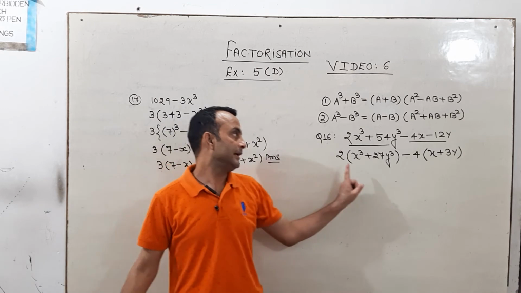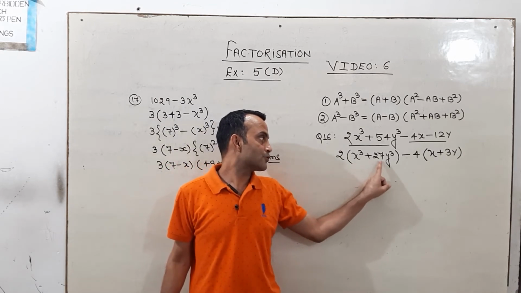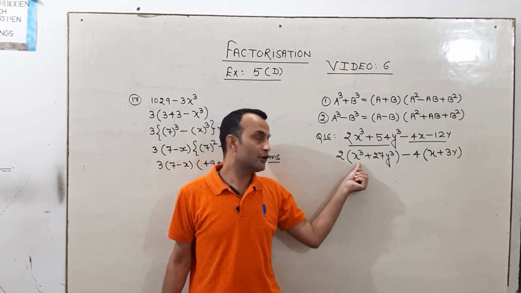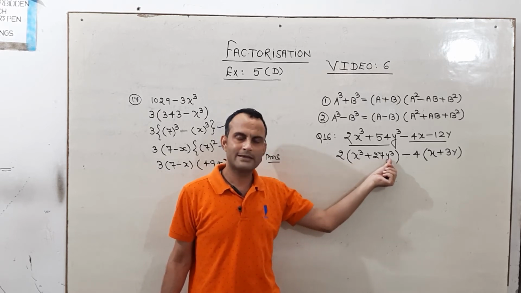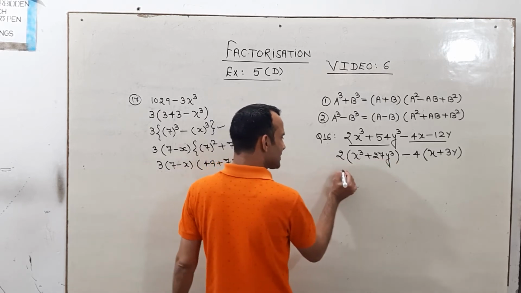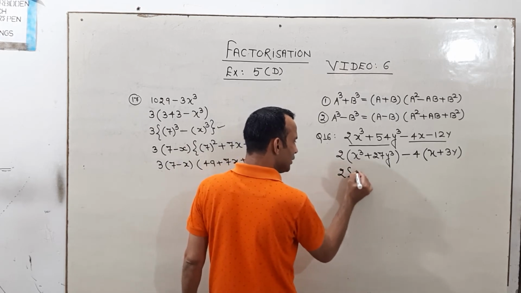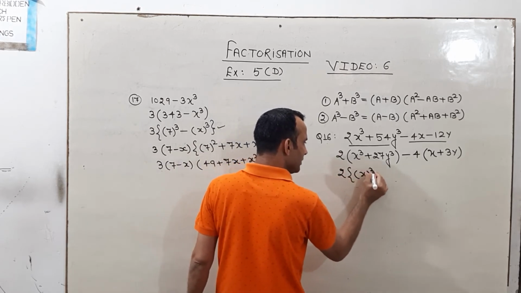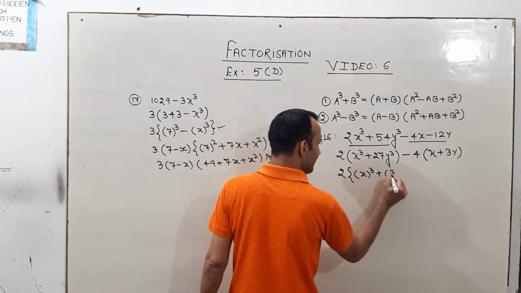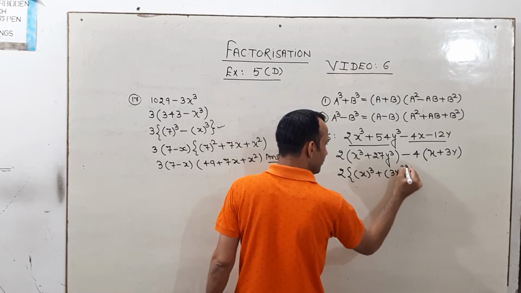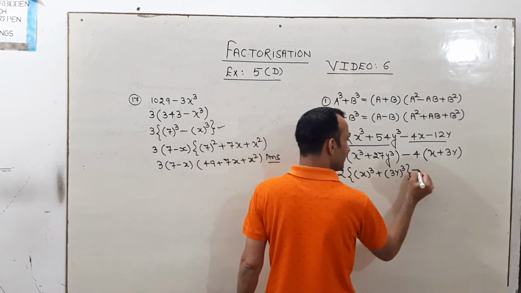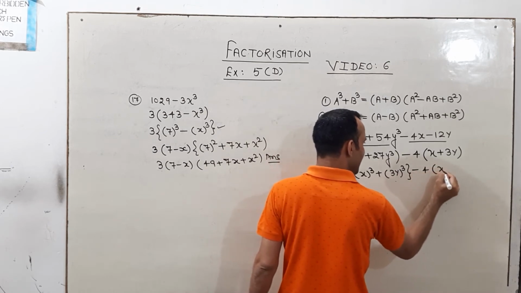Now, see, x cube plus 27y cube. This is the cube of what? This is the cube of x. This is the cube of what? This is the cube of 3y. So this expression can be written as cube of x plus cube of 3y minus 4 times of x plus 3y.